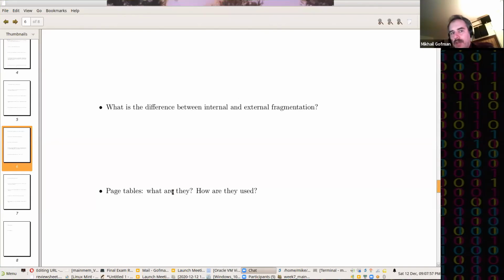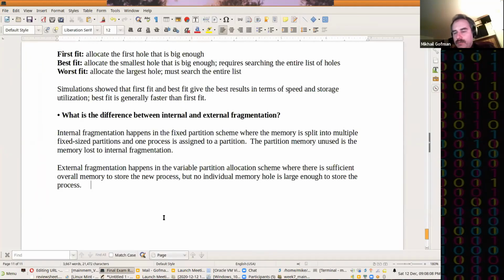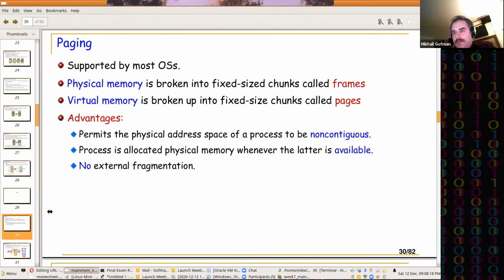So we stopped at the discussion of page tables. What are they and how are they used? So before we can answer this question, let's review paging. So basically, paging works as follows.